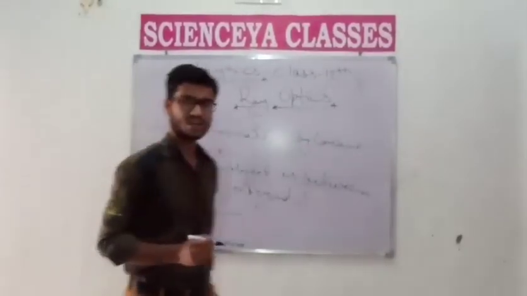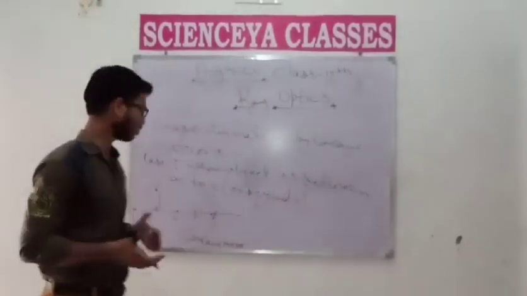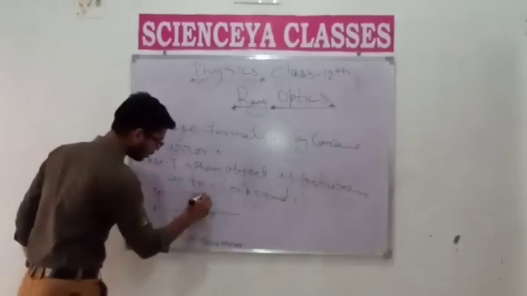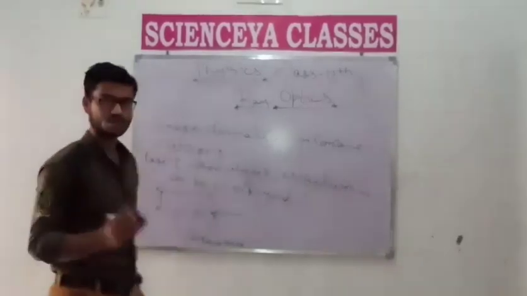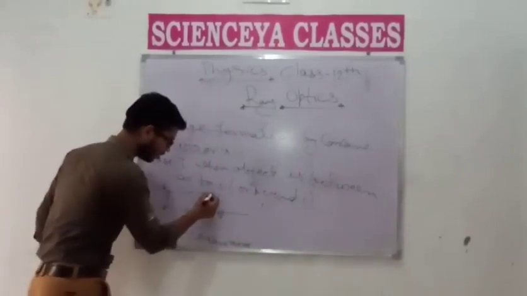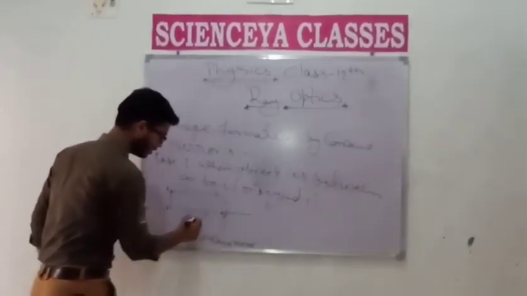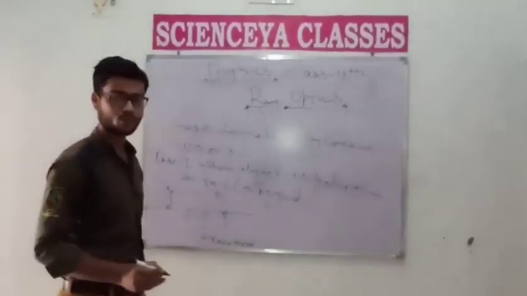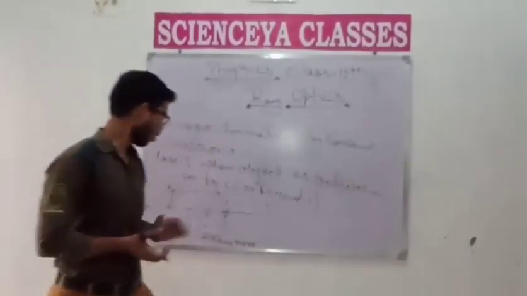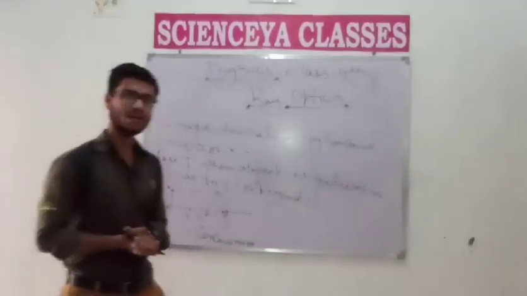an object, let us suppose it is a candle or any other object, and the rays of light are incident on the surface of the concave mirror. After reflecting from the concave mirror surface, this ray of light passes through the focus, because we discussed the fourth law of reflection by concave mirror.